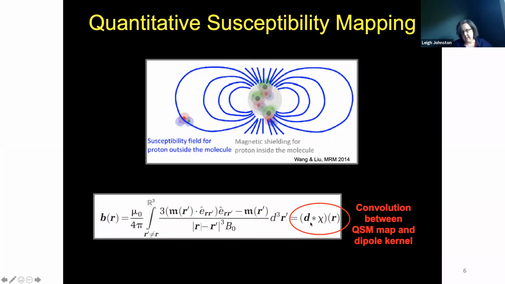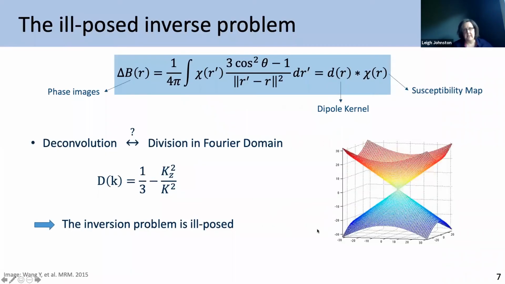So this is the D convolved with chi. And we measure our signals, which are field shifts or the phase map, which is equivalent. If we know the timing of our imaging, we can go from our phase maps to our field distortions. We need to be able to get from the signals that we measure, from our knowledge of a dipole kernel, what this chi map actually is.